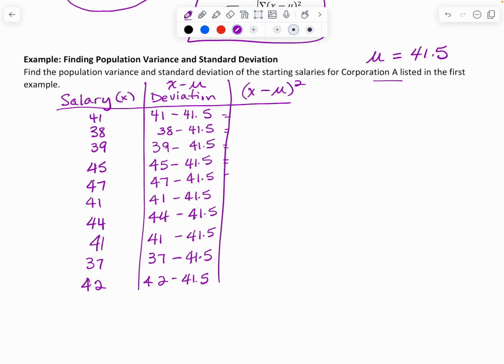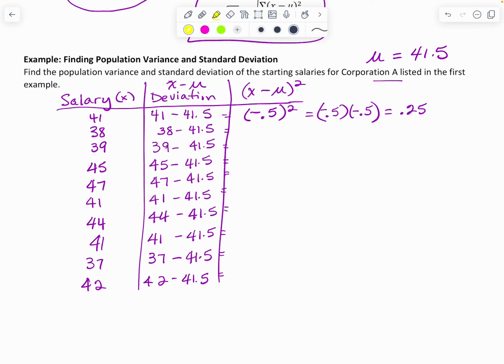Now, that's going to equal the value that I want to square. So 41 minus 41.5 is negative 0.5 squared. If I use my calculator, that's negative 0.5 times negative 0.5, which is equal to positive 0.25.